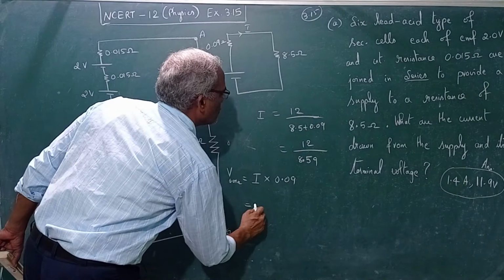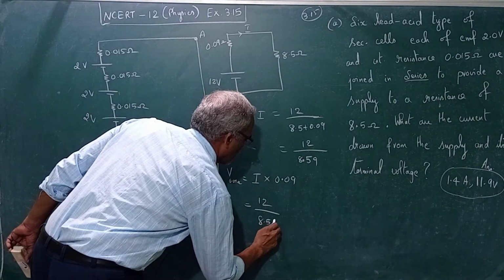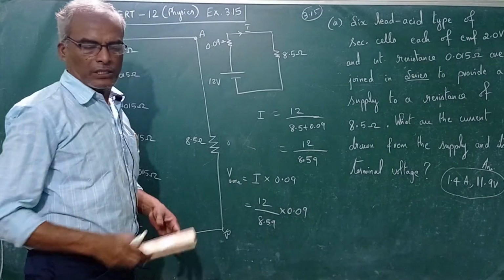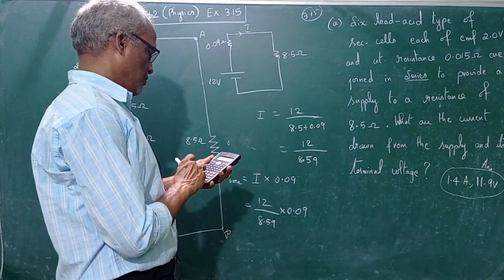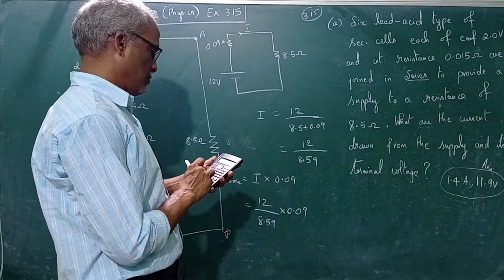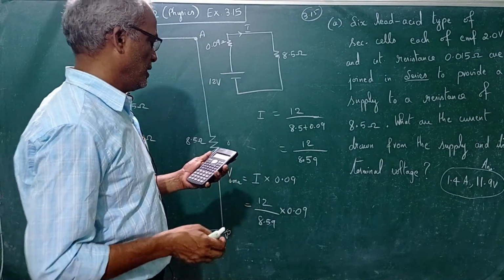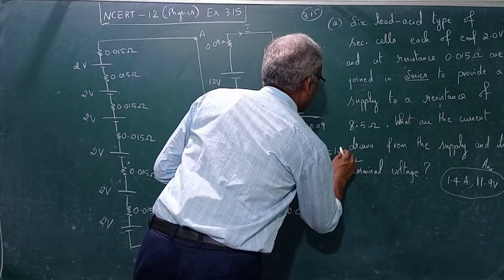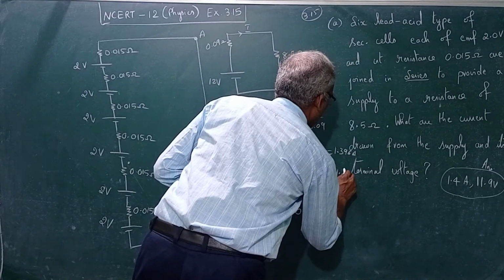So current we know, which is 12 divided by 8.59, that gives you 1.396 amperes, which is approximately equal to 1.4 amperes.